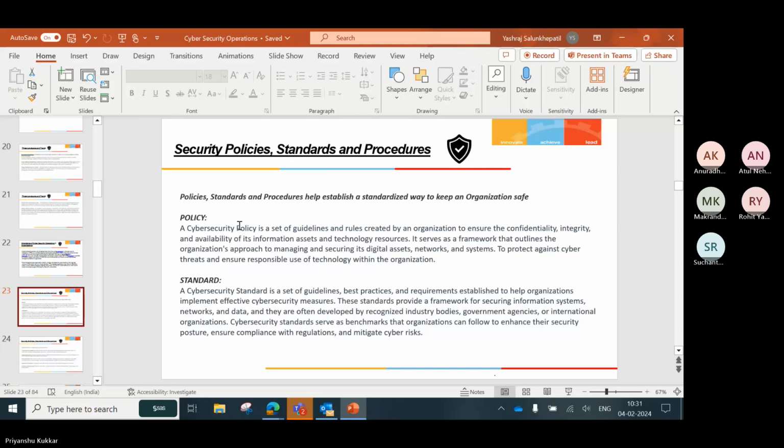A cybersecurity policy is a set of guidelines and rules created by an organization to ensure the confidentiality, integrity, and availability of its information, assets, and technology resources. It serves as a framework that outlines the organization's approach to managing and securing its digital assets, networks, and systems to protect against threats and ensure responsible use of technology within the organization.